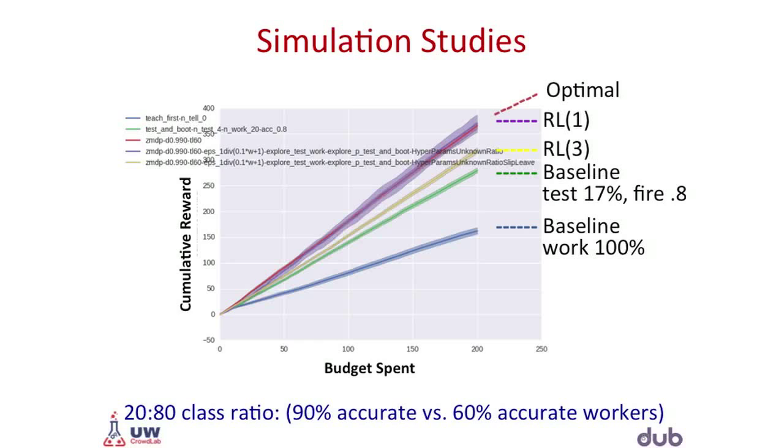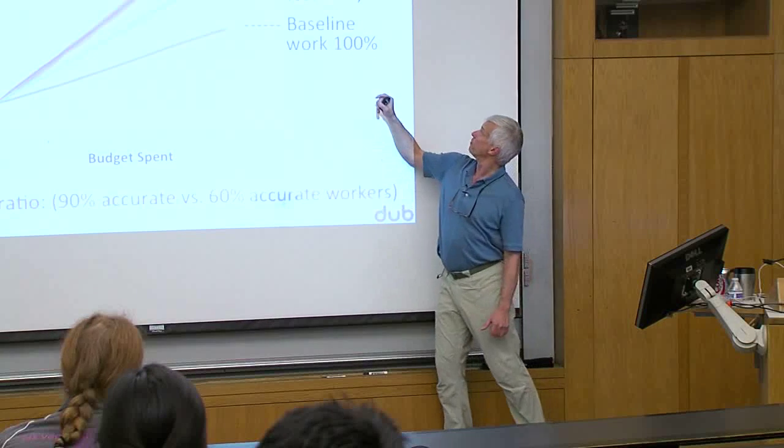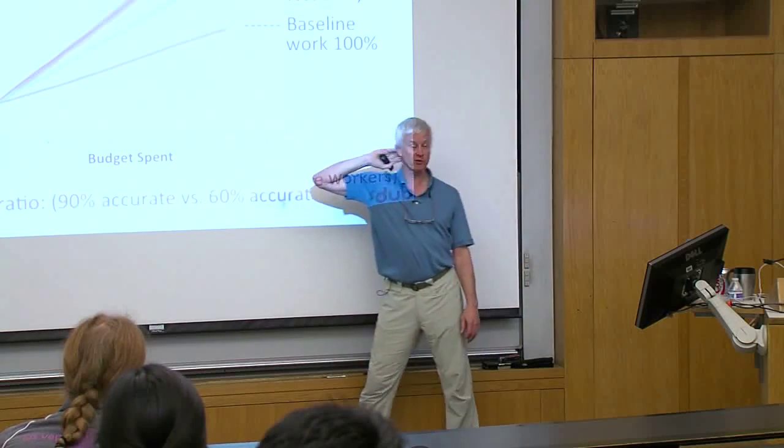In some simulation studies, you can see a number of different strategies over time. As they spend more budget, they get better and better results, and the slope of the curve shows how good the policy is. The optimal policy is up there in red. A baseline which just has them work all the time, you get a lot of crummy workers, so you get bad results out.